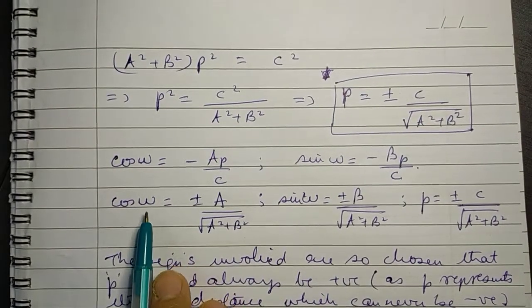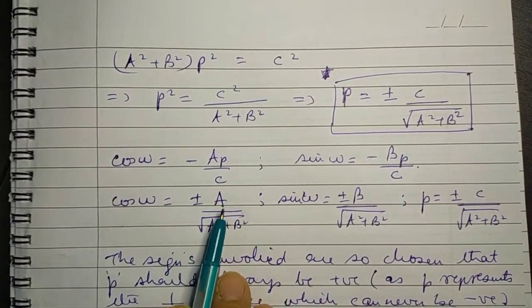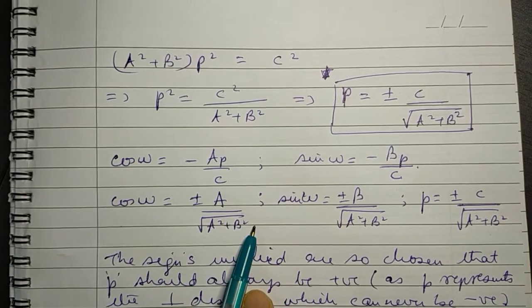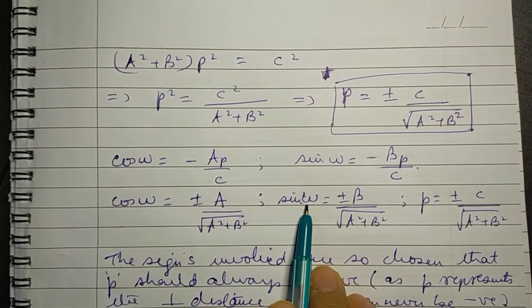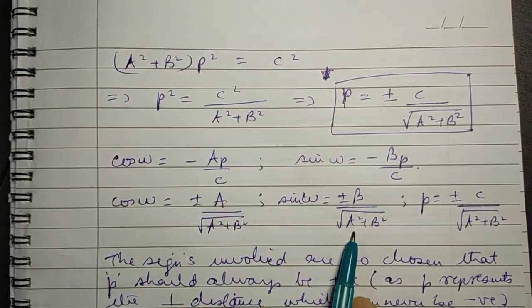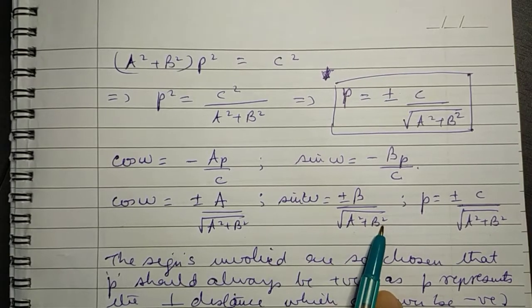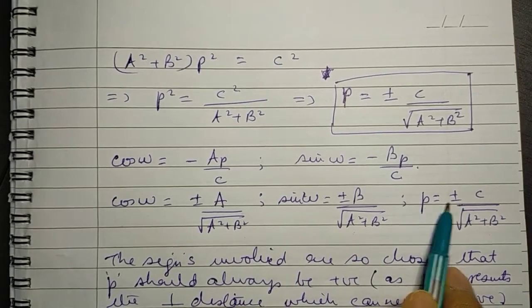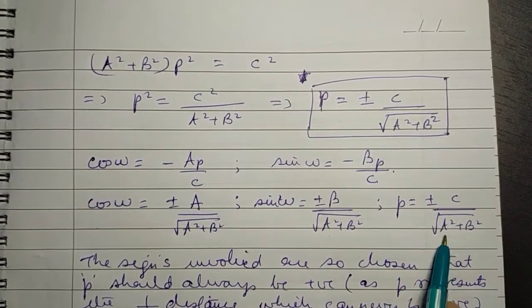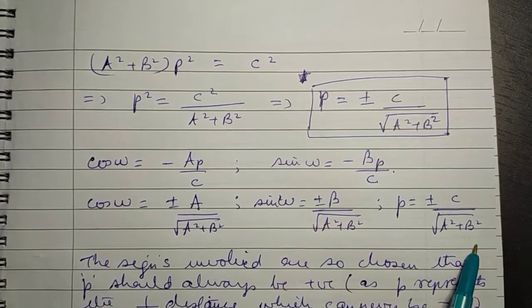Substituting this, we get cos omega comes out to be plus minus a upon square root of a squared plus b squared. Sin omega is plus minus b over under root of a squared plus b squared, and p is plus minus c over under root of a squared plus b squared.